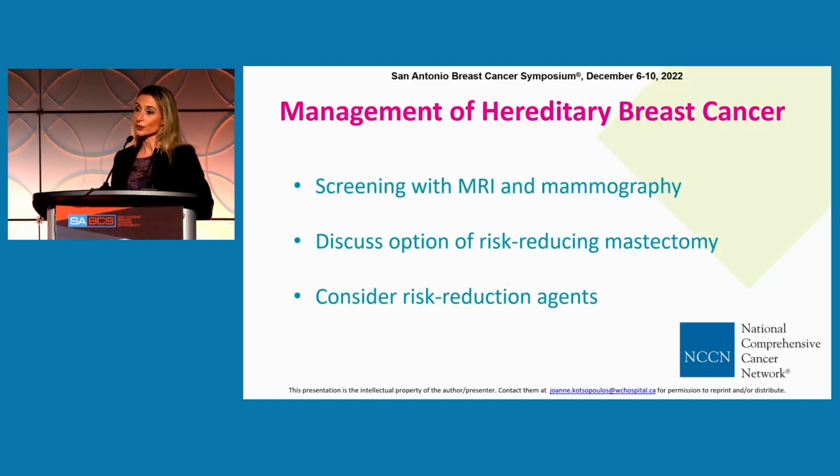But we also know that there's an important role of risk-reducing or bilateral mastectomy in preventing disease, and this is really the most effective way to prevent breast cancer in this high-risk population. Women with a mutation also have the option to use risk-reducing agents, in particular tamoxifen. This is something that can be discussed with the patient, and I'm going to return to this topic in the next few slides.